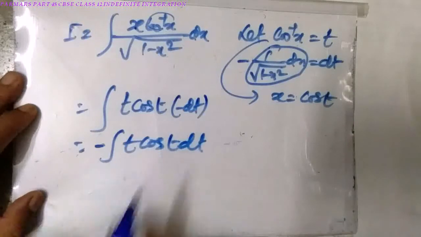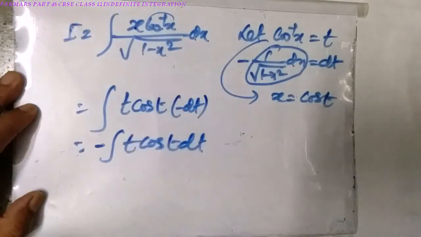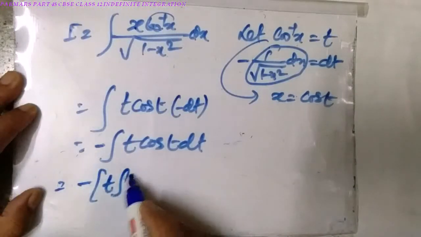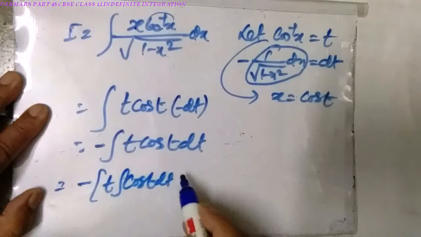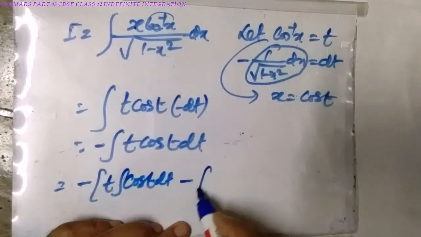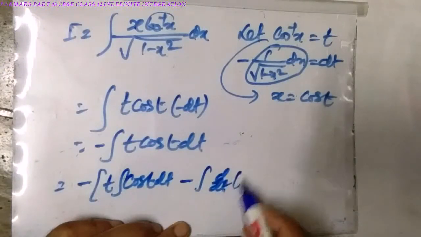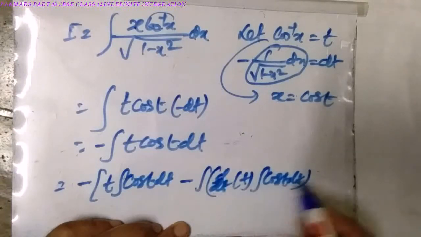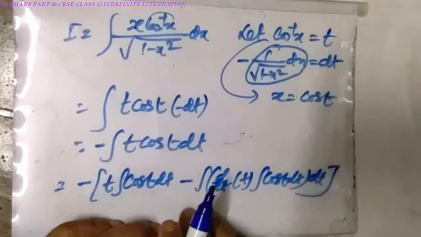As I have done the very first question, x sin x dx, like that one, you can do it. Minus t integration over cos t dt minus d/dt of t integration of cos t dt, and the whole product again integration of this one.